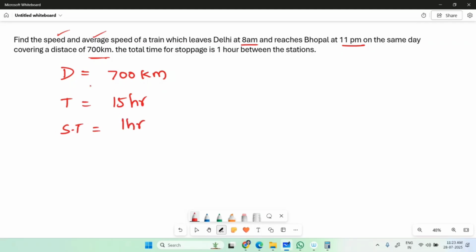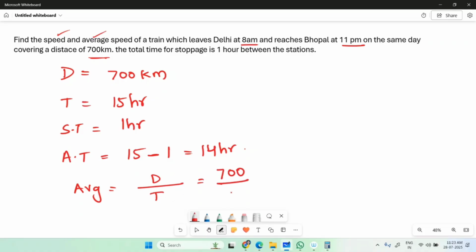Now, let's find the actual time. Actual time equals total time of 15 hours minus stoppages time of 1 hour, so actually they traveled 14 hours. Now the average speed formula: average speed equals total distance by total time including stoppages.